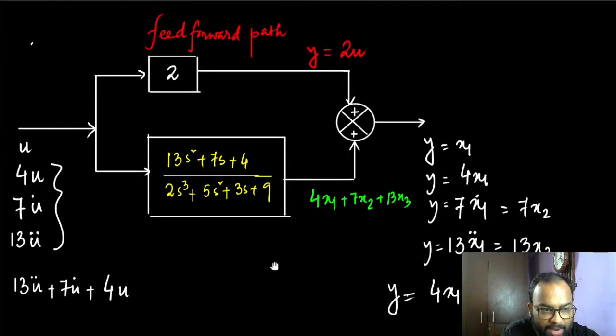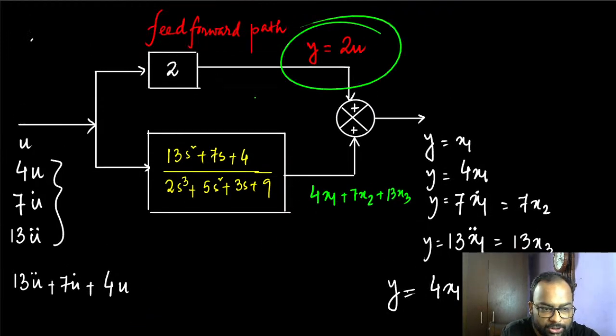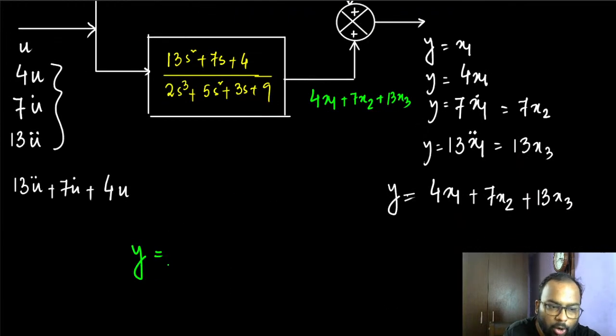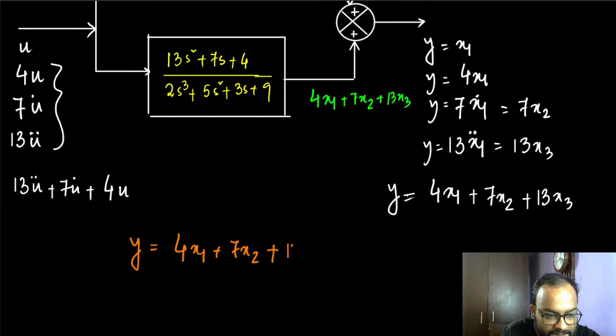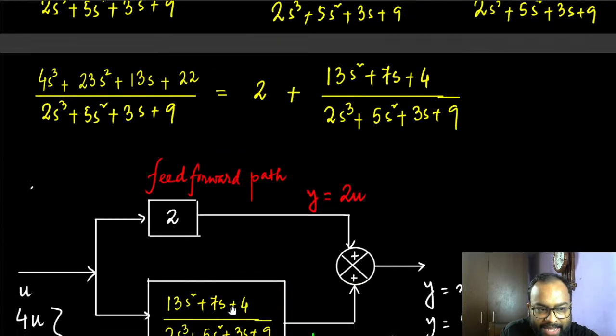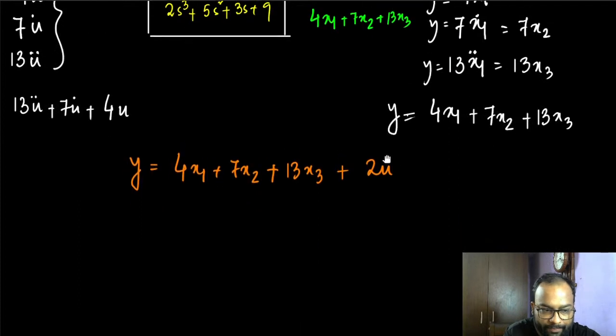And the output for this part is 2u. So what is the total output out of all of these? The output out of all these is 4x1 plus 7x2 plus 13x3 plus 2u. Alright? So this is exactly the total output here.